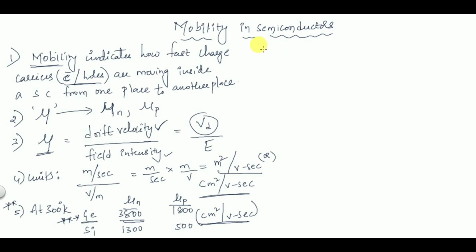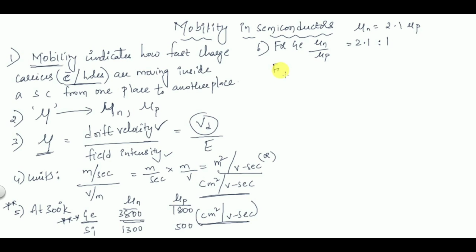Next, sixth point. For germanium, how will be the relationship between mu n and mu p? So for germanium, mu n by mu p is 2.1:1. That is, mu n is equal to 2.1 times mu p.